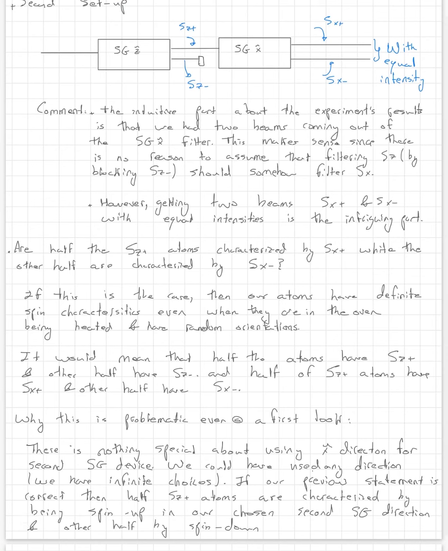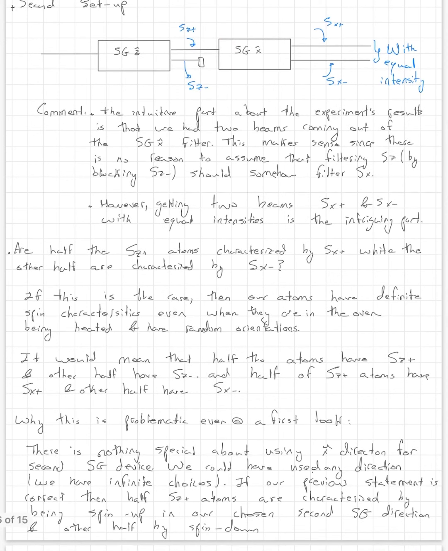There's nothing special about us choosing the X direction over here. We could have chosen the Y direction, we could have chosen any other direction pointing any way, and we would expect our results to be the same. The output from the second SG device should have two beams of equal intensity representing spin up of that orientation and spin down of that orientation.